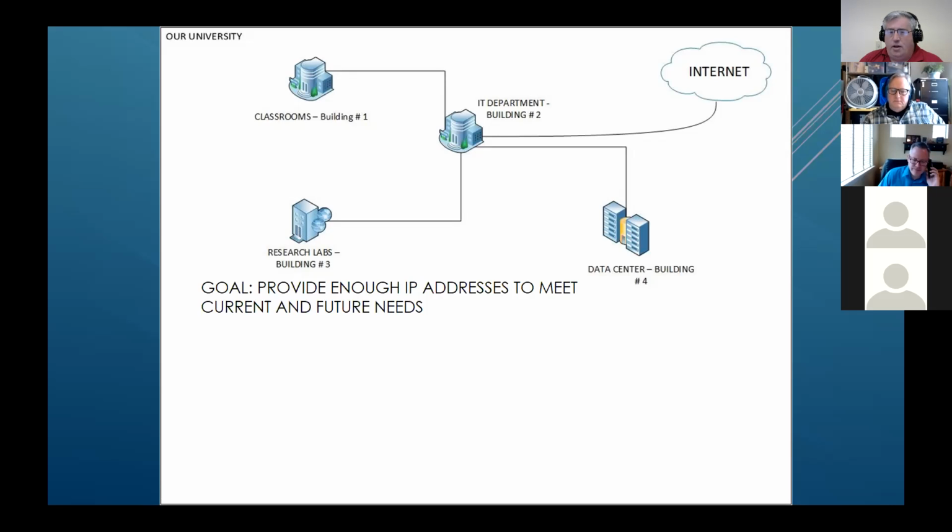Are you going to use that many addresses in your organization? It's more of an organizational type thing. We'll get into it in just a minute.